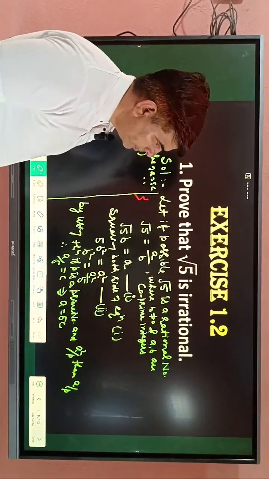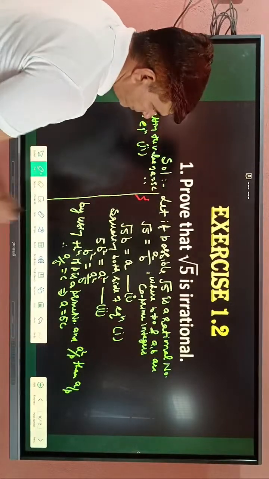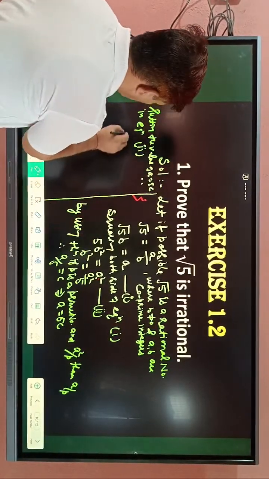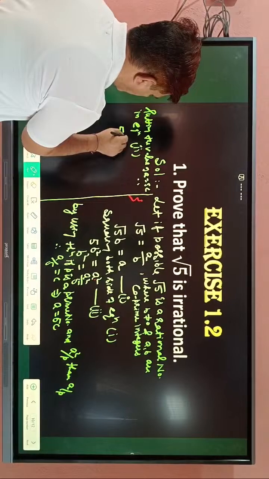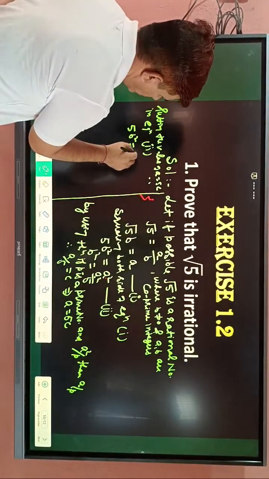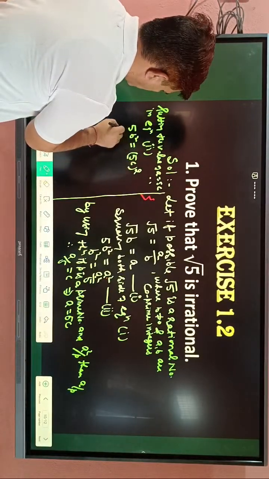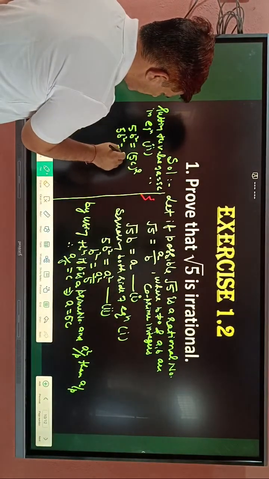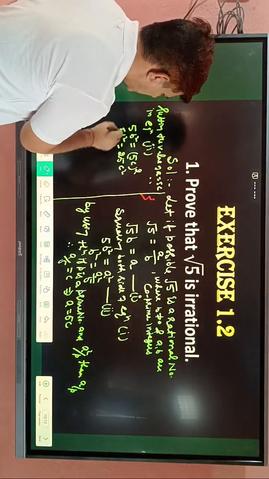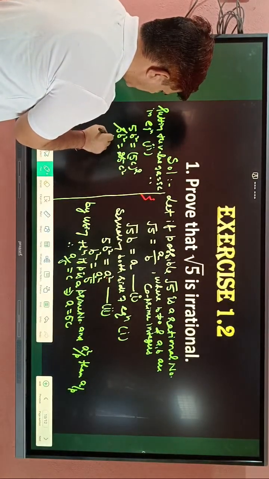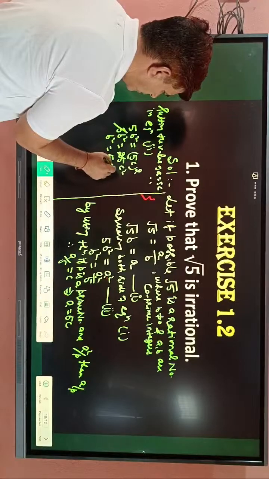What does it become? 5b square equal to 25c square, 5 cancels. So b square equal to 5c square.